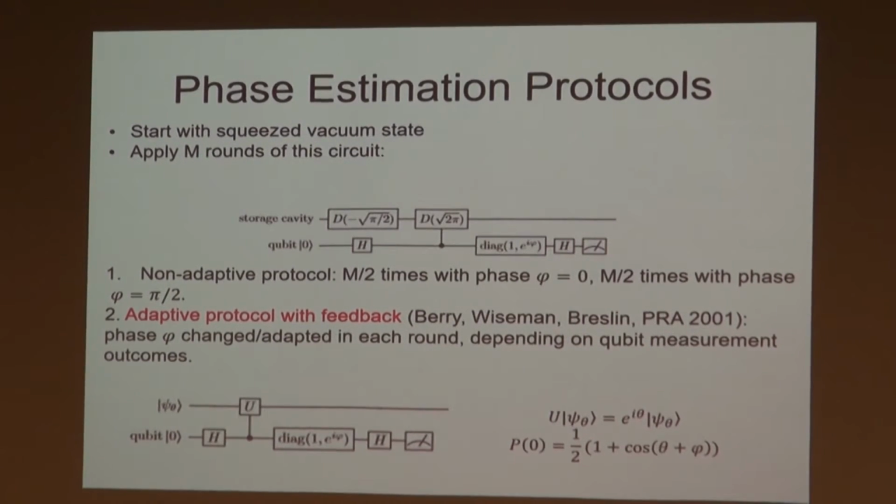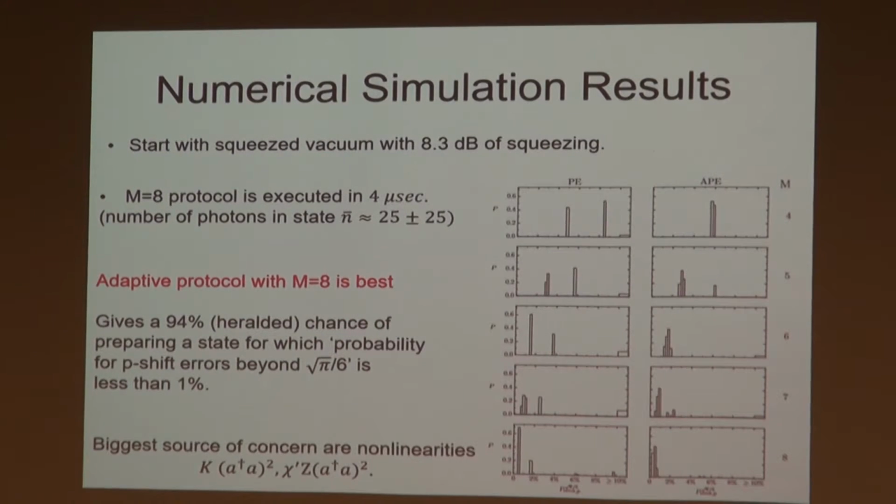I can just mention that we've numerically simulated how well it does. We start with a squeezed vacuum with 8.3 decibels of squeezing, and we take an MS8 protocol with the numbers I got from this circuit-QED that would run in 4 milliseconds, assuming that everything is done one after the other, and a measurement takes 300 nanoseconds and so on.